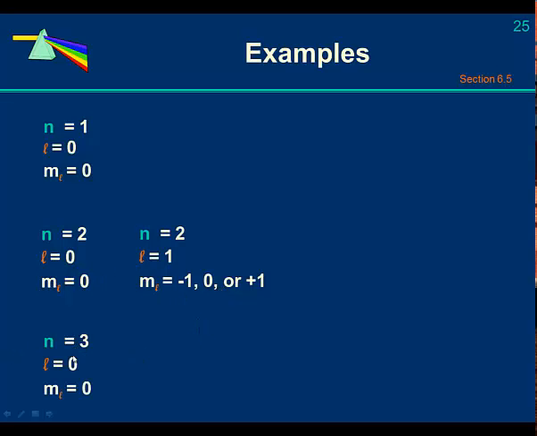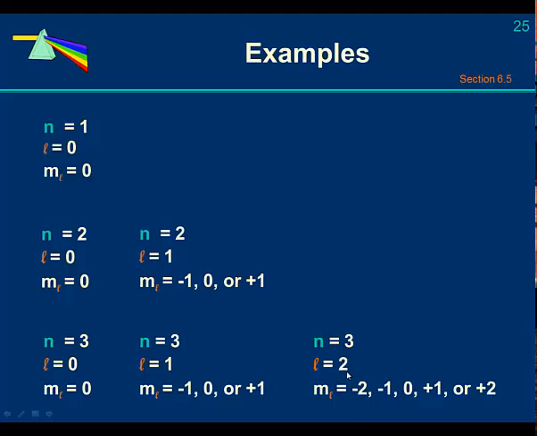If I have n equals 3, I can have an l value of 0, an l value of 1, and an l value of 2, because the maximum l value permitted for n equals 3 is 3 minus 1, which is 2. That means I can have m sub l values for l equals 2 of -2, -1, 0, +1, or +2.